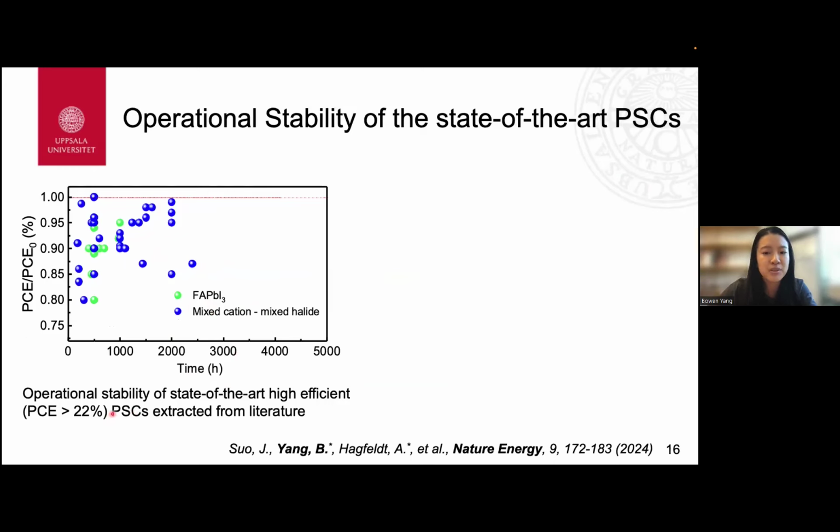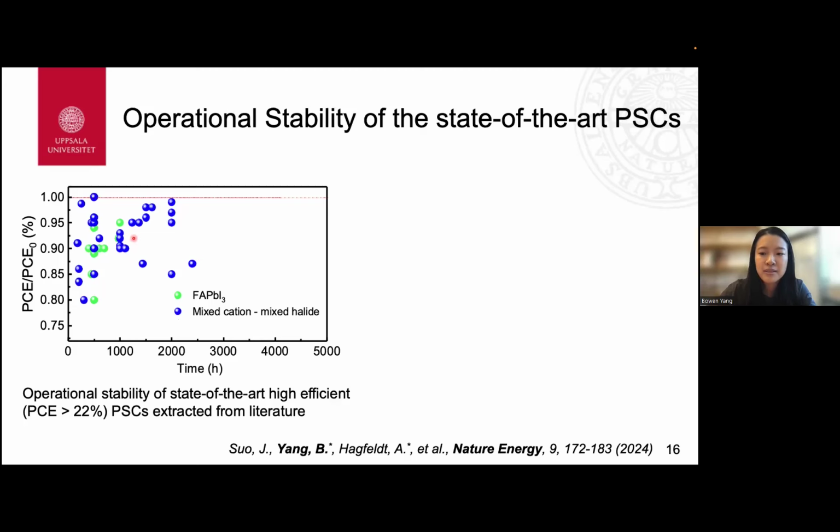By looking at this, we can clearly see that the perovskite solar cells based on mixed cation and mixed halide, marked in the blue ones, are relatively stable. But still, the majority of these efficient cells show obvious degradation within 2,000 hours aging under MPP tracking.